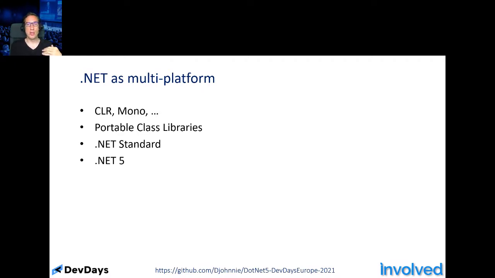So if you create a class library and you target .NET Standard, it doesn't target a framework, it targets the intersection between .NET Framework and .NET Core, so you can use it in those two frameworks, which also means that you are quite limited, because things that exist in .NET Framework but that don't exist in .NET Core or vice versa, those things are not available in .NET Standard because they are not in that intersection.